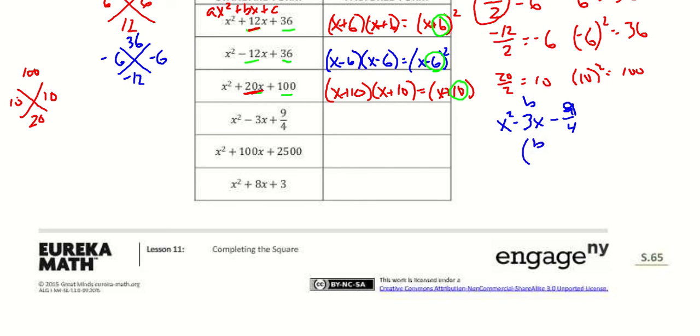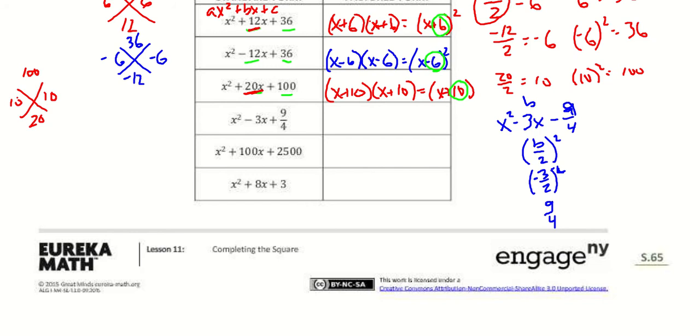So b over 2 squared is 3 over 2 squared, okay? And it's negative, so it's negative 3 over 2 squared. And then negative 3 over 2 squared is 1.5 squared, okay? Which is actually 9 over 4, by the way. You square the 3, square the 2. This is 9 over 4, all right? It's 2.25. So that's what that becomes, okay?